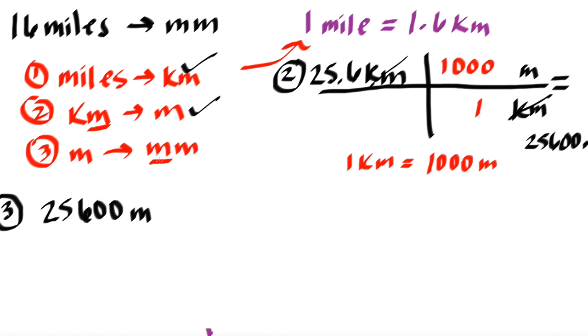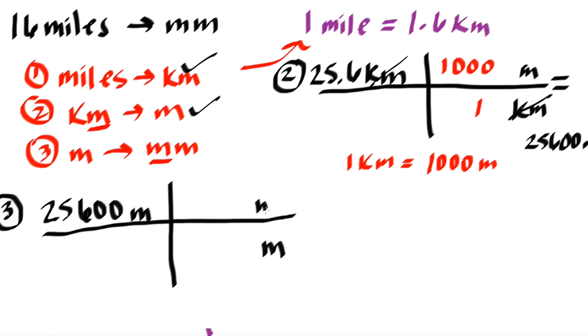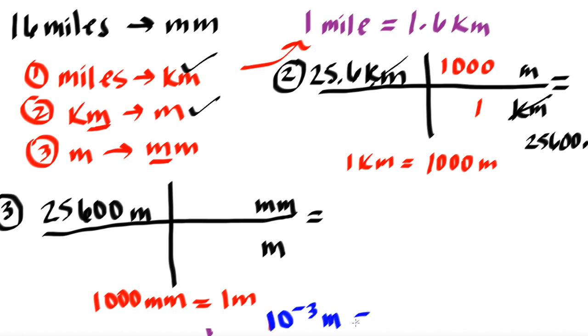Now we're going to go from meters to millimeters. All right, meters goes on the bottom, millimeters on top. All right, let's take a look at our conversions real quick. We could say that there are 1,000 millimeters in 1 meter, or if you want to go directly from that table and use your negative values, 10 to the negative 3 meters is equal to 1 millimeter.